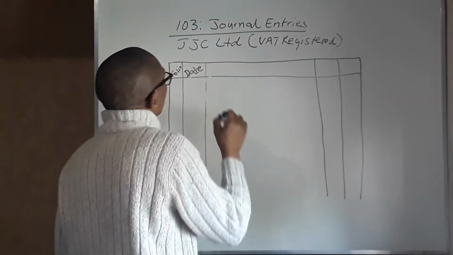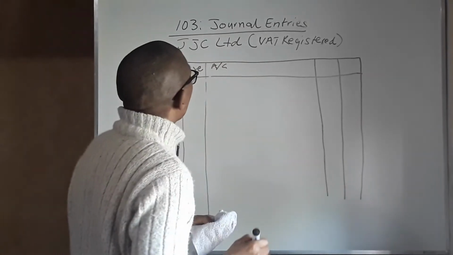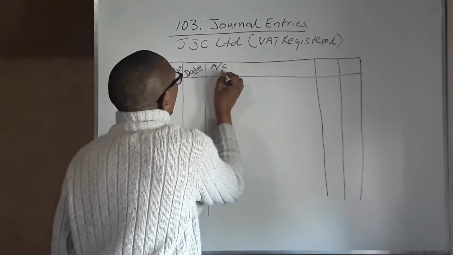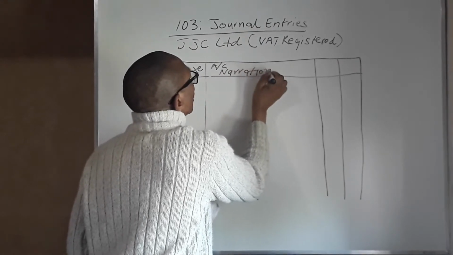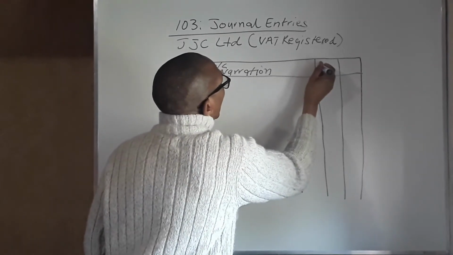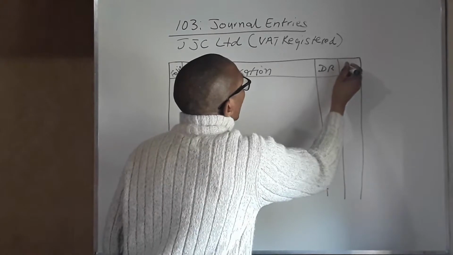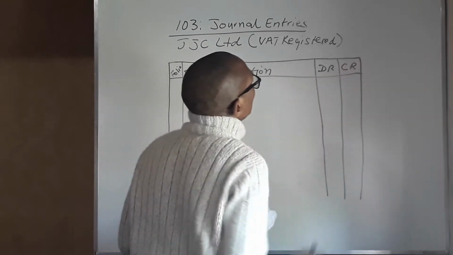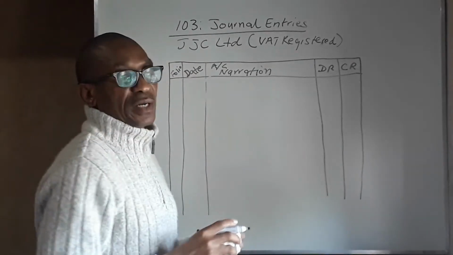The third one will be the account to be debited or credited, and the narration or description of what has happened. The fourth column will have the debit sign, and the last one will have the credit sign. This is a typical journal entry pro forma.